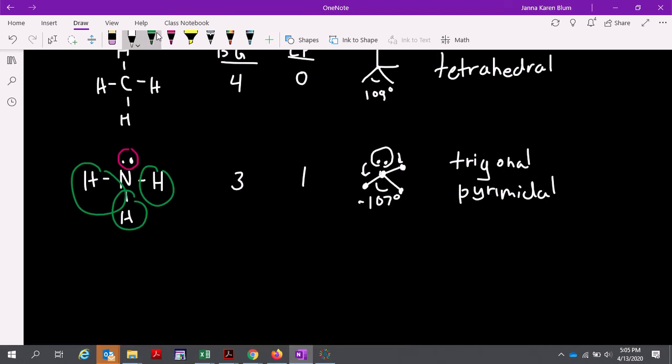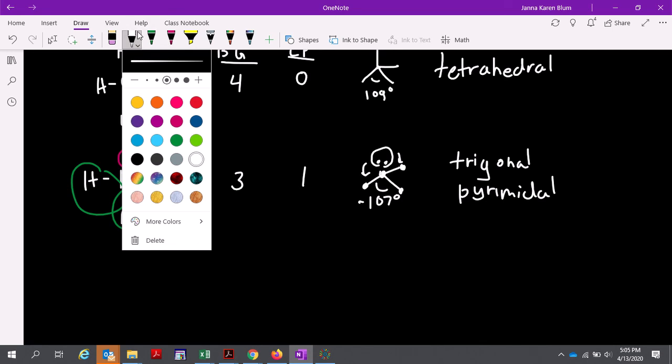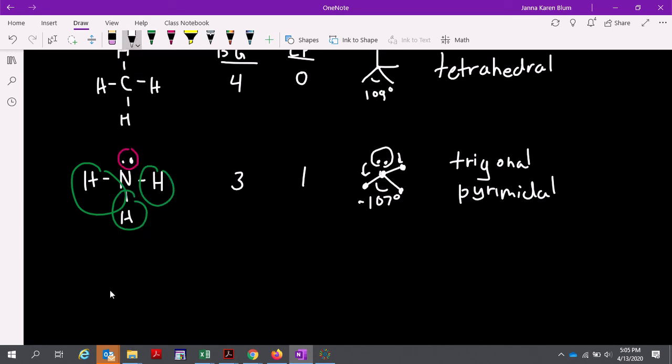And lastly, we'll look at the structure for water. And this is really a classical comparison. So here's water. And water has 2 bonding groups and 2 lone pairs.